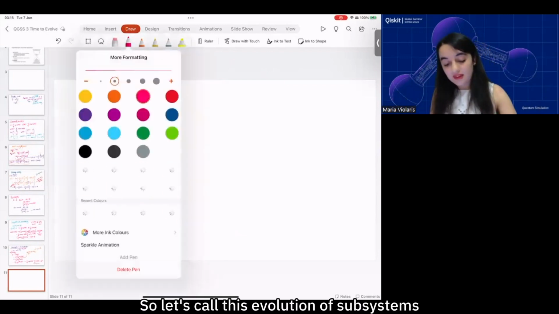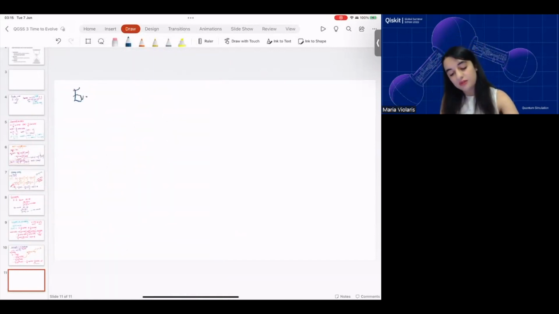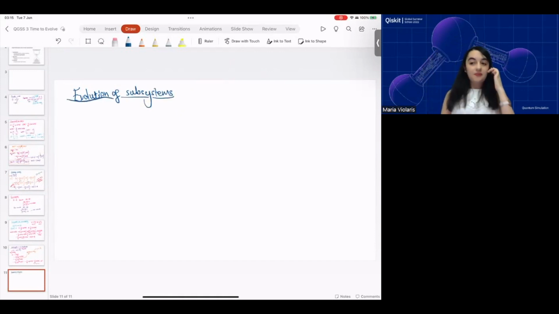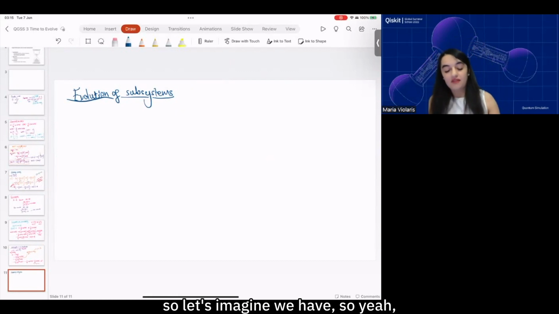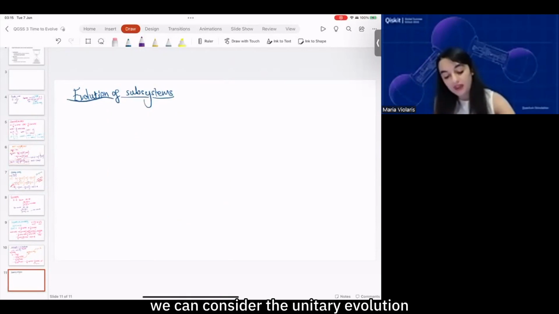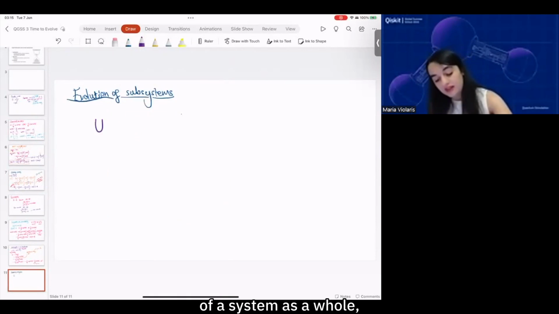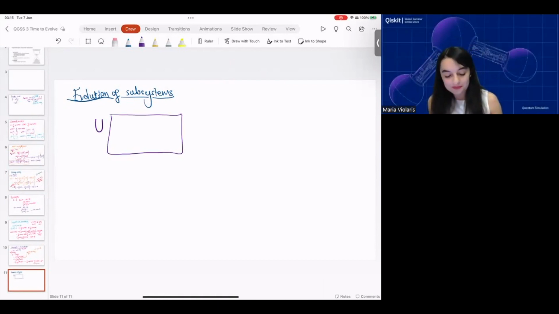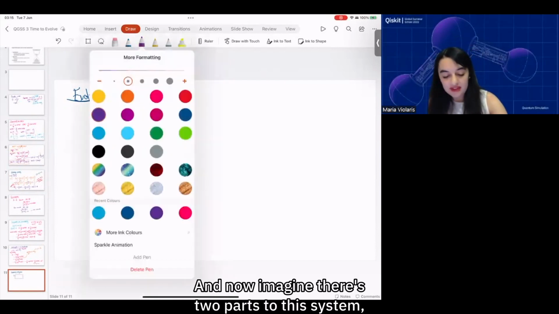So let's call this evolution of subsystems. We can consider the unitary evolution of a system as a whole, so let's have the system as a whole inside this box. Now imagine there are two parts to this system.